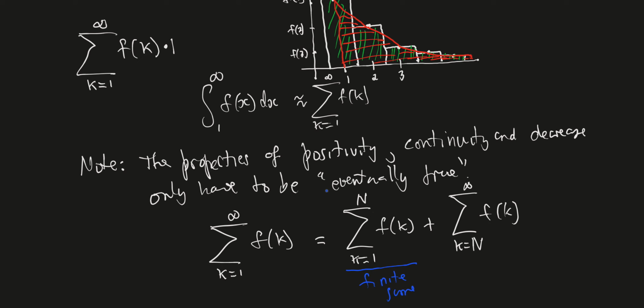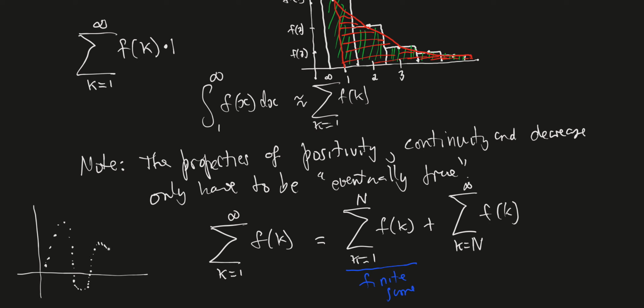So if, for instance, the function in your series is not always positive, maybe it does something like this, and I'll just dot some points. Maybe it does this early on. Maybe it's even negative early on.